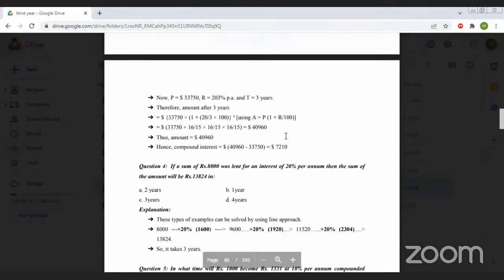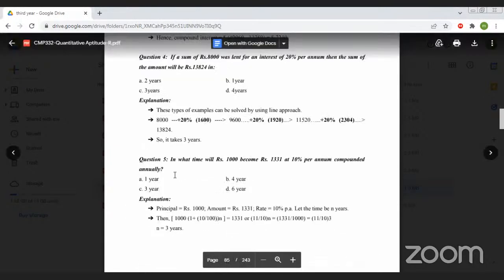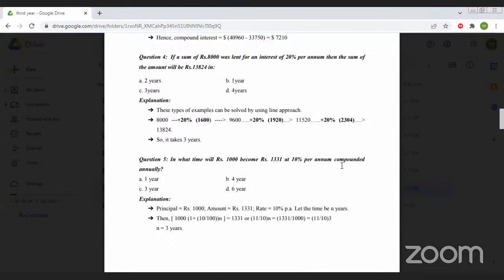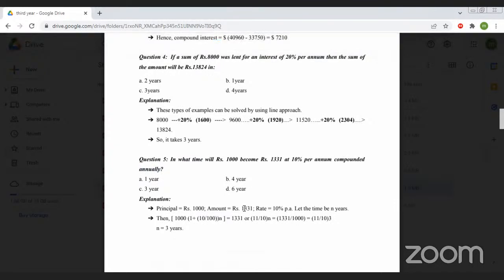Moving further, let's take one more example for this. In what time will 1,000 become 1331 at 10% per annum, compounded annually? Now you need to find what? Small t. So your principal amount is 1,000. The amount is 1331.